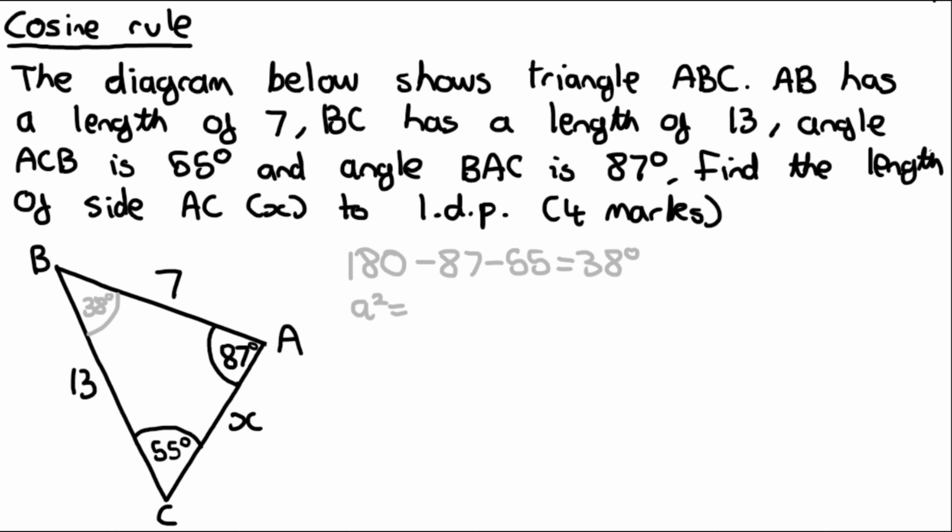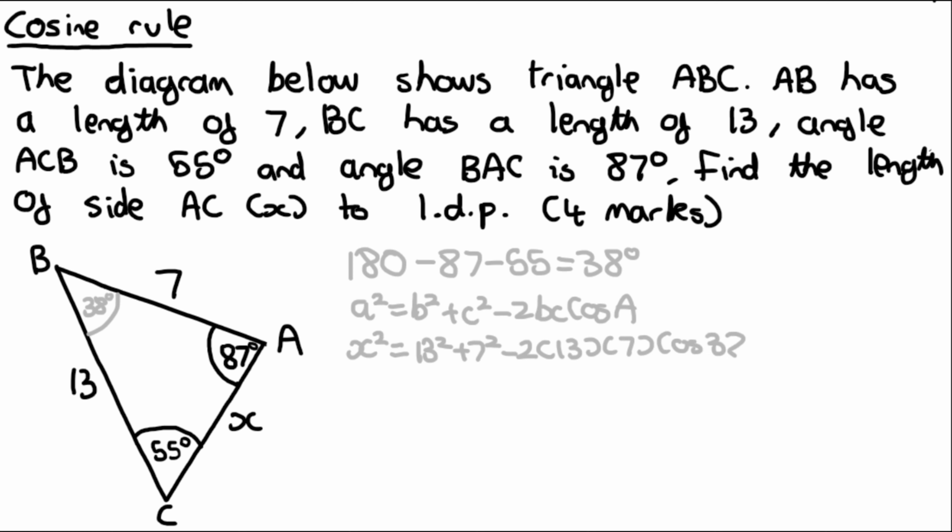A squared is equal to b squared plus c squared minus 2bc cosine A. As you know, two sides and the angle in between. You can do the labelling thing if you want to help, but I just realised that 38 degrees and the x here are opposite each other, so x is going to be A. It's going to be x squared is equal to, it doesn't matter about b and c, I'll just say 13 is b, so 13 squared plus 7 squared minus 2 times 13 times 7 times cosine of 38, which if you put that all into a calculator is equal to 74.58.